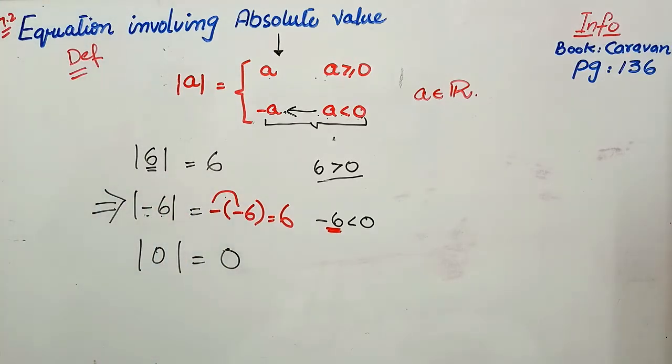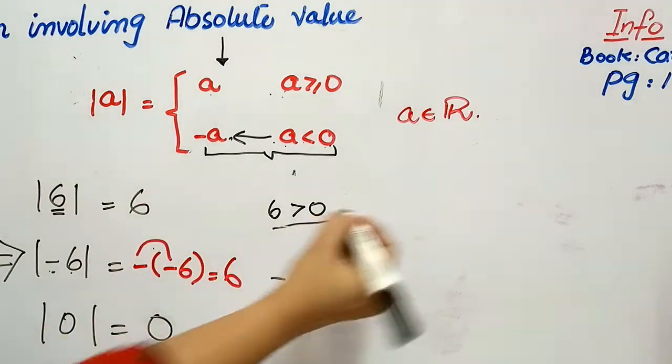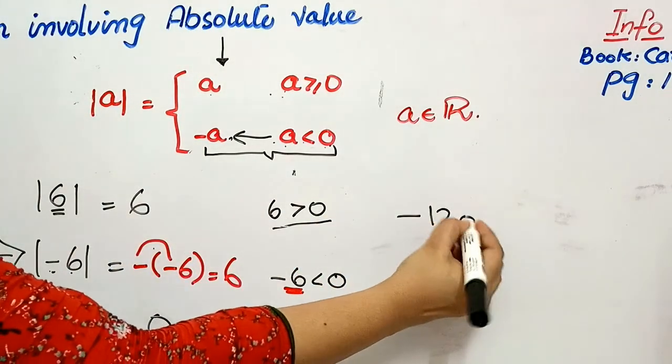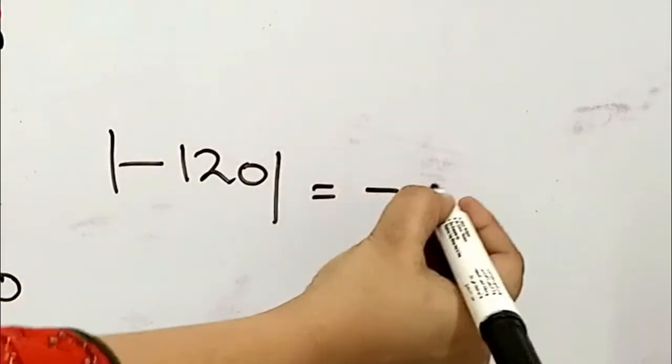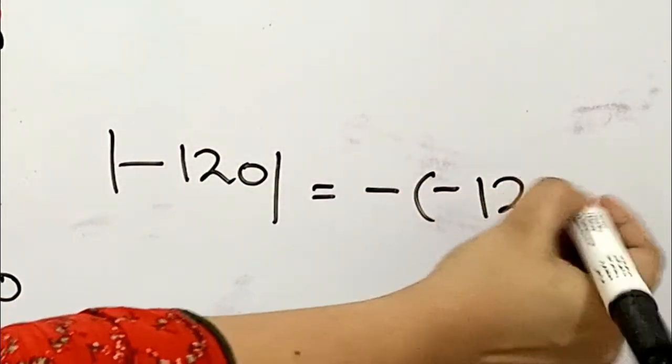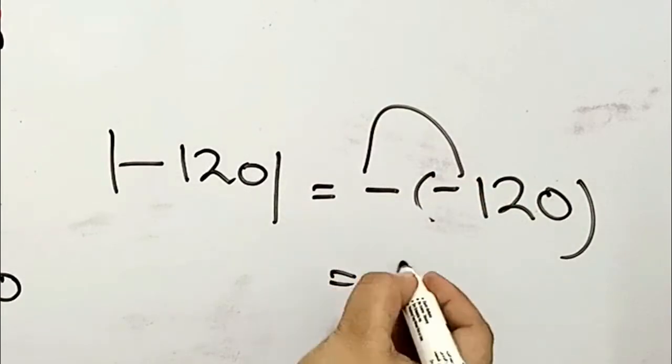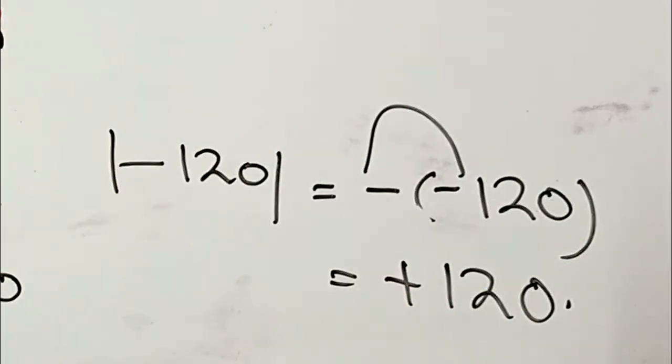I hope you have got it. Let's take another example: if I am having modulus of minus 120, its value will be minus of minus 120. So minus minus plus, that is equal to positive 120. So that's how when the modulus is applied on a positive, zero, or negative value, it gives me the positive value.